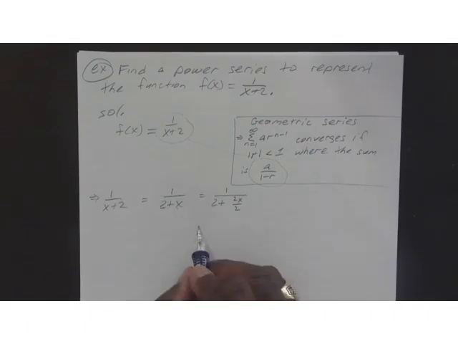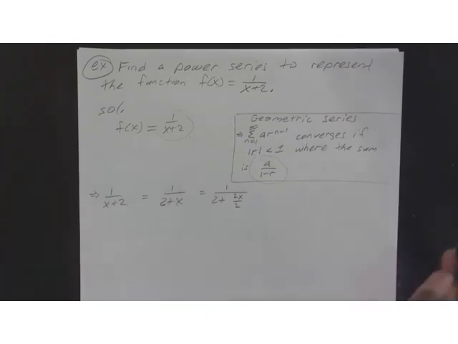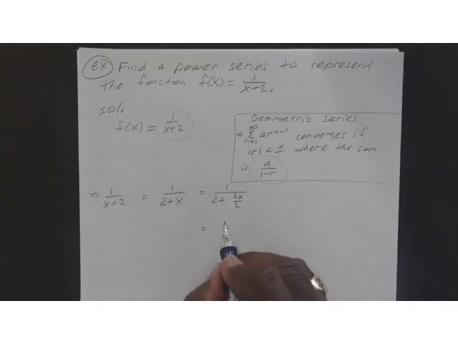Okay, so if we factor out that 2, I'll go ahead and start writing downward here, since we're going to eventually run out of space there. We have 1 over 2 times 1 plus x divided by 2.